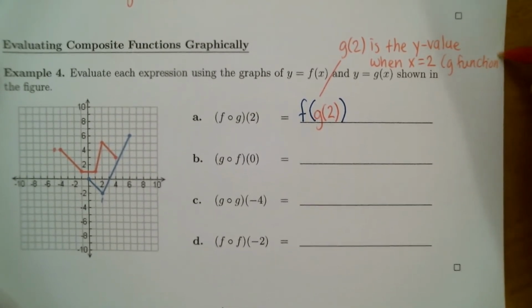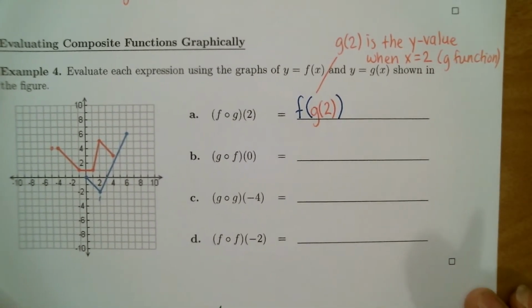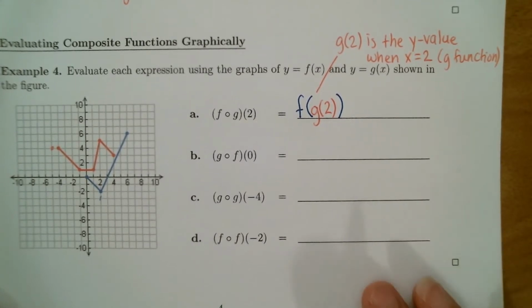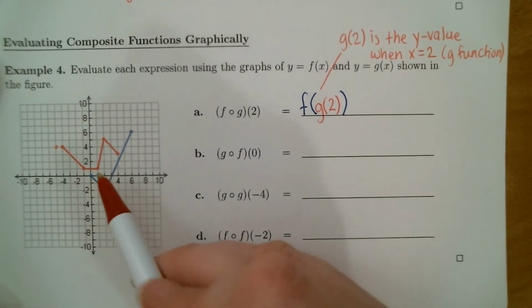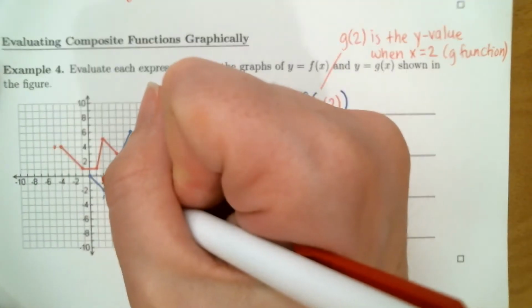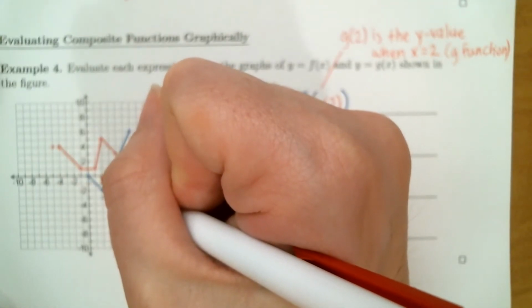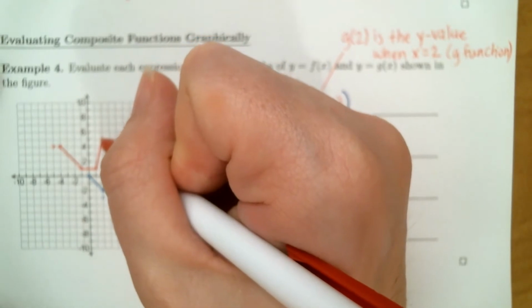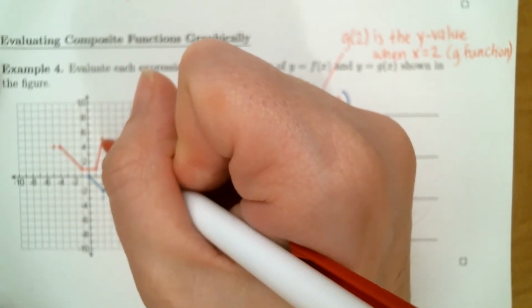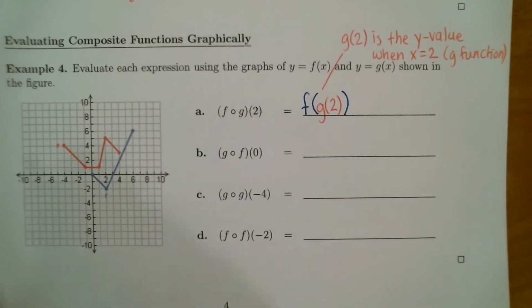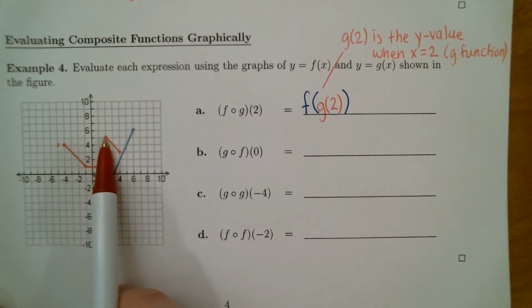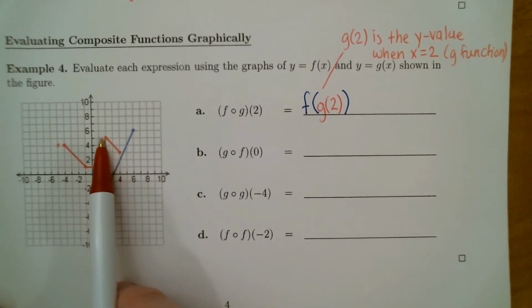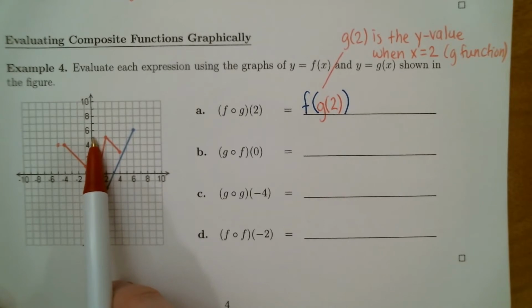If you remember, we learned how to do this back in section 3.2, I think. So you need to go to your function, find where x is 2. Here's where x is 2. You need to look at the red graph because it's g of x. So it's talking about this spot right there. This spot right here, you're looking at the y value. g of 2 is 5.